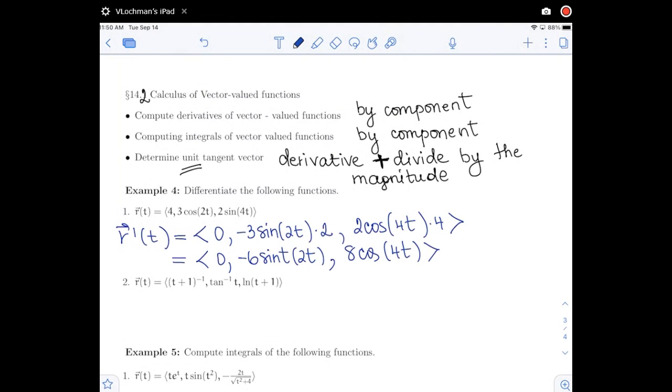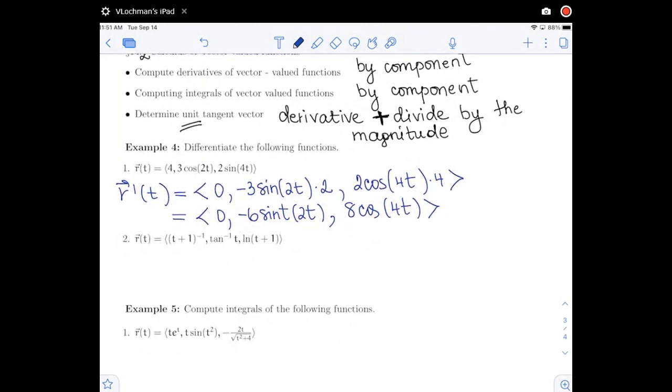Let's take a look at the second one. R prime of this function. Let's see if you guys can help me out. What is the derivative of this expression, t plus 1 to the negative first power? What do we get?